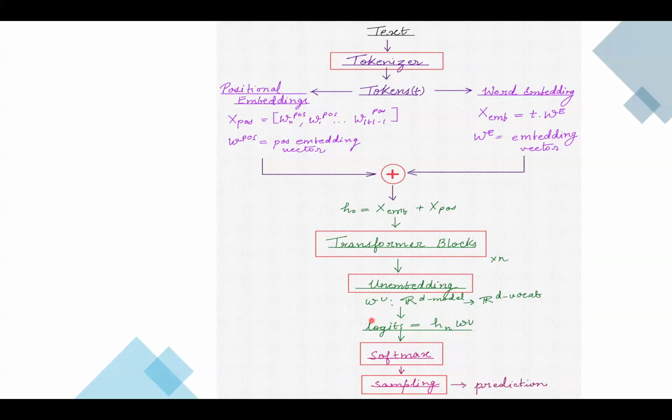To do that, we project it over an unembedding matrix, whose whole idea is to convert the D model dimension into D vocab dimension again. So now you have a D vocabulary over which it projects your input matrix, and those will be your logits.